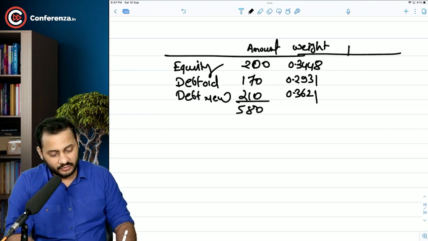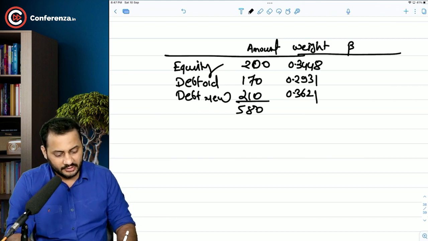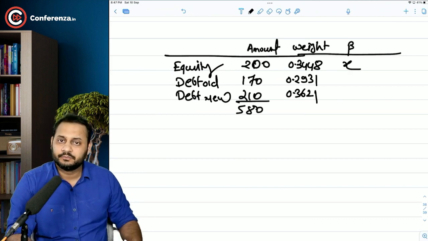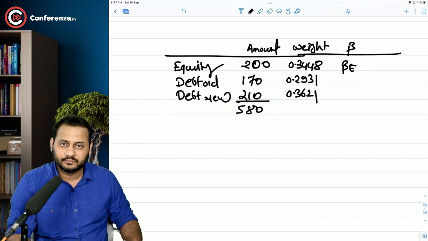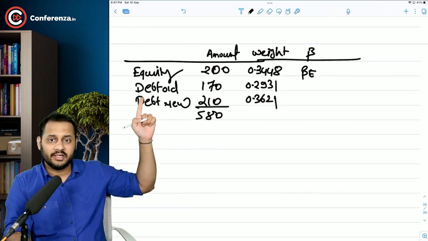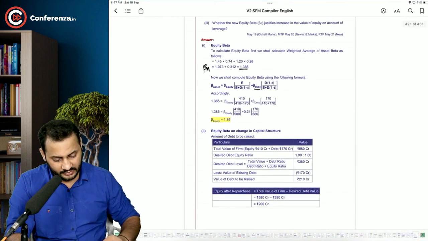We have to calculate the equity beta. Let's say this figure is X, or we can straight away keep it as beta of equity. What is the beta of old debt and new debt? Old debt is 0.24, right? And listen to this.